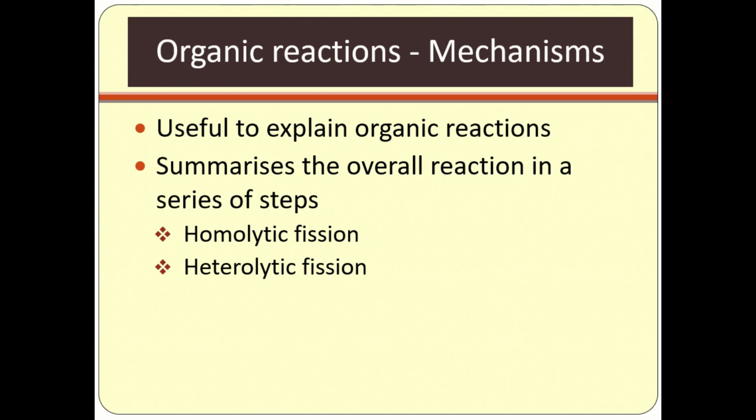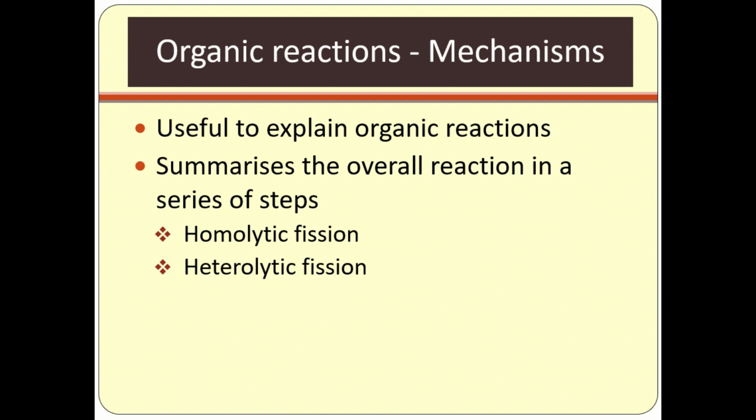In this video, we are going to look at different types of organic reactions. The first step is we categorize them based on how the bonds are broken in the reaction. So these are very useful in explaining organic reactions later in something we call mechanism.